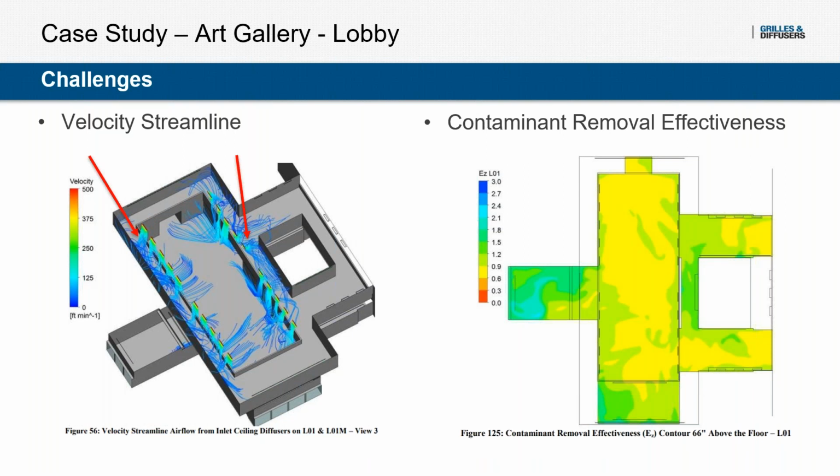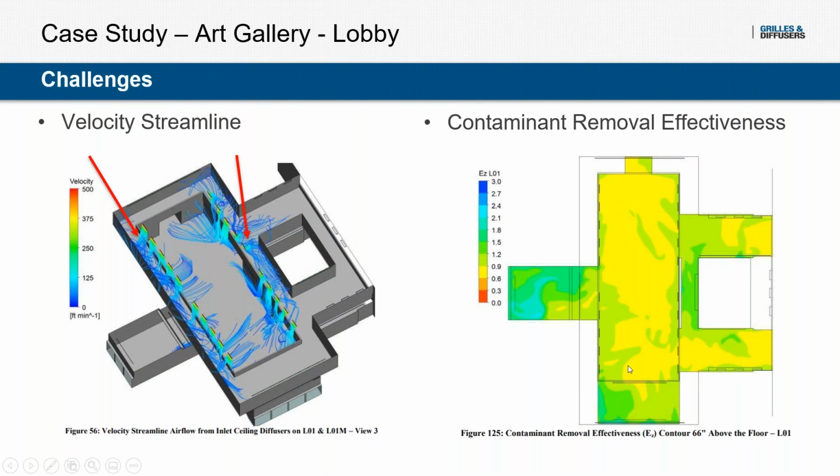When we study that velocity streamline design a little bit closer, we can see that a lot of the air is going straight into the mezzanine area, when really those high ceiling slot diffusers were intended to be conditioning the lobby area. So instead of conditioning the lobby, we're just bringing a lot of air into the mezzanine. That's reflected in our contaminant removal effectiveness, in our ventilation effectiveness.